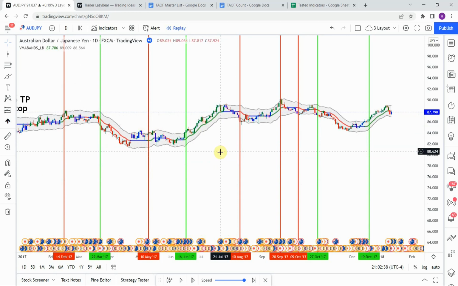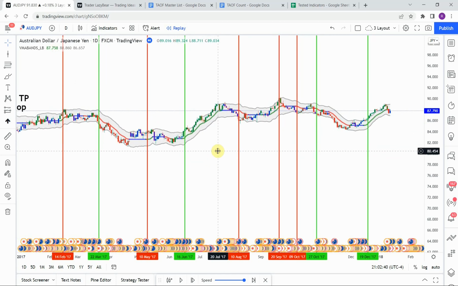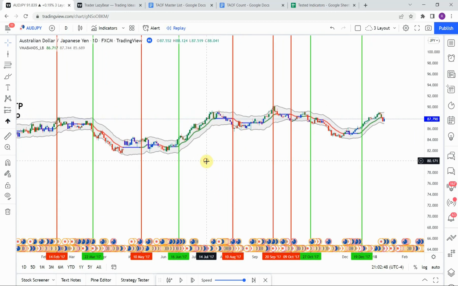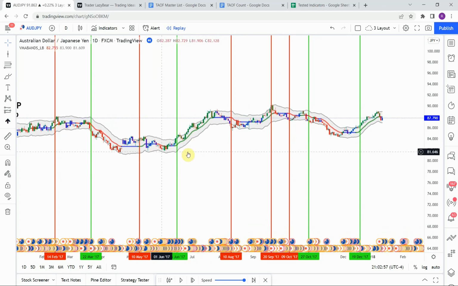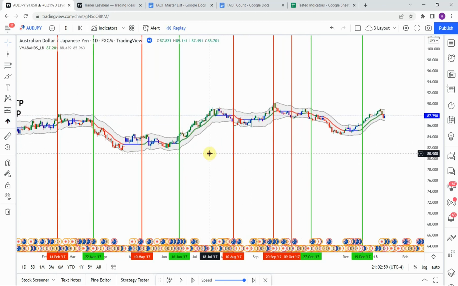Otherwise, you get whipped in and out of losing trades at a very high rate in some cases, in these clusters. We've seen it many times with the moving averages and stuff along those lines. So having something like this, kind of like a channel setup, can be very beneficial.